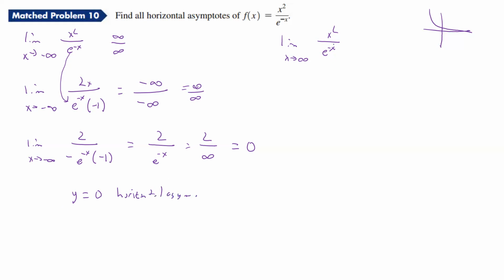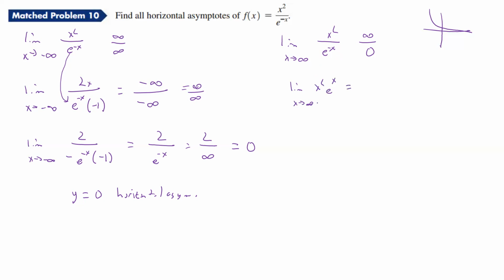Now, what about here? If we plug in positive infinity, the top gives us infinity. Plugging in positive infinity on the bottom, we get 0 because it goes out this way. Since we're going to positive infinity, maybe let's rewrite this as the limit as x approaches infinity of x squared times e to the x.